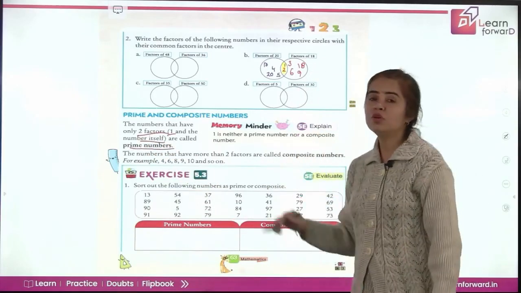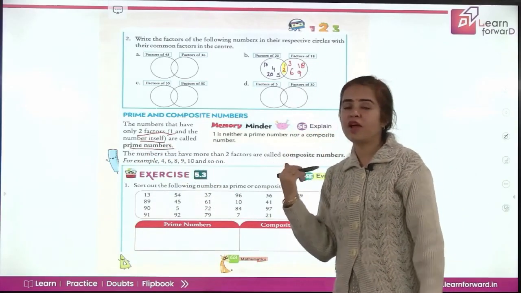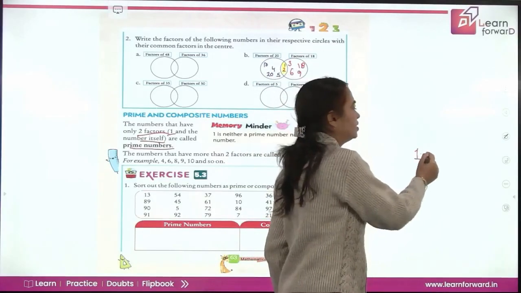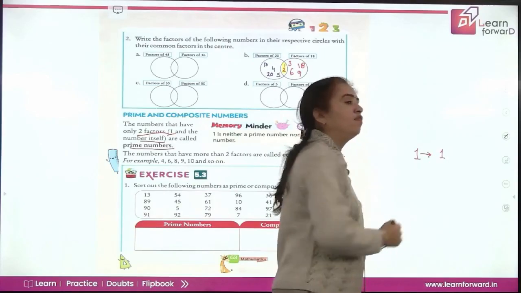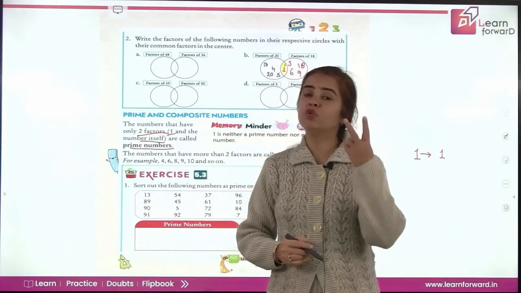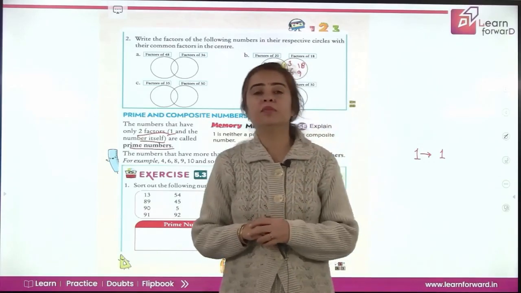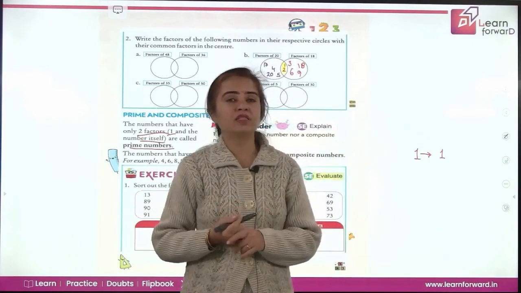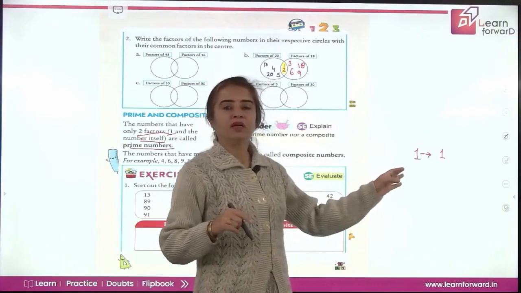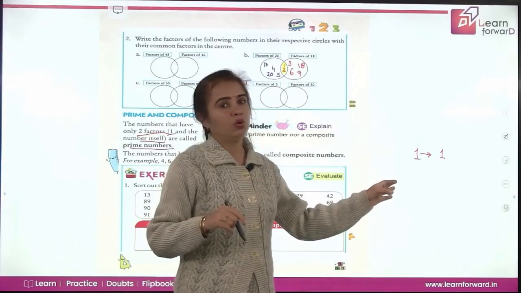Now, do you remember the list of factors we started, and at the bottom I wrote 1? This is the number which has only 1 factor. For prime numbers, I'm saying it should have 2 factors only, and the numbers that have more than 2 factors are called composite numbers. So what do you have to say about 1? Does it have 2 factors? No, so it is not prime.